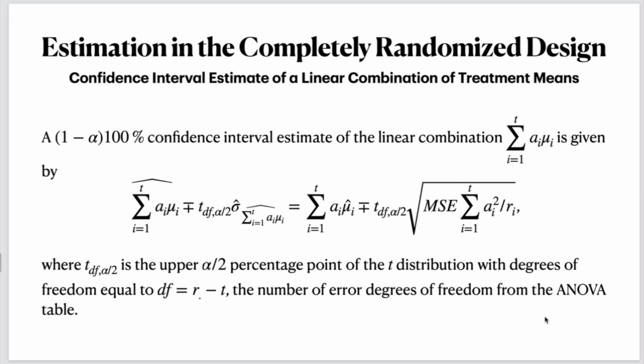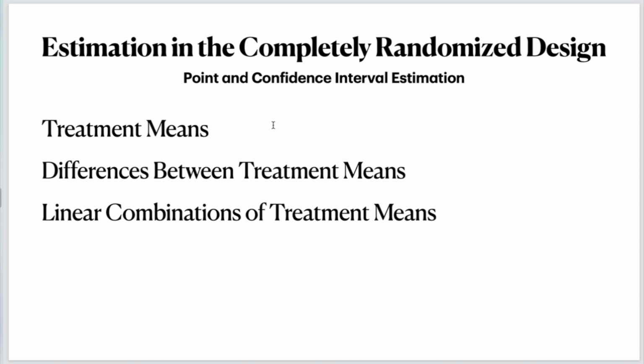These are the formulas that we use to compute point and confidence interval estimates for treatment means, for differences between treatment means, and in general, for linear combinations of treatment means. The results for the estimates of treatment means and differences between treatment means are special cases of the more general linear combinations of treatment means.